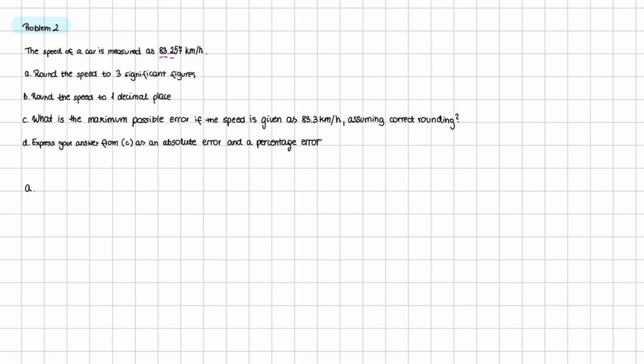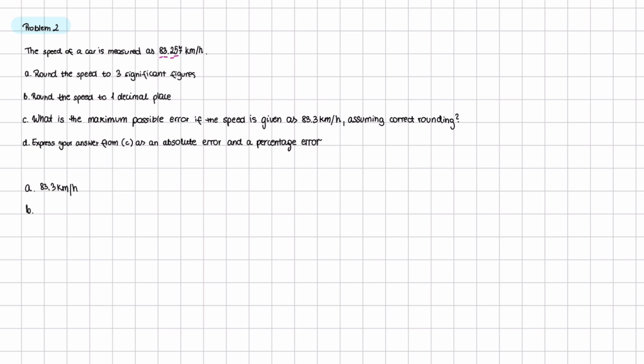And the next digit is 5. So we have to round it up, because when we have 5, we round our previous number up. So our final answer is 83.3 kilometers per hour.